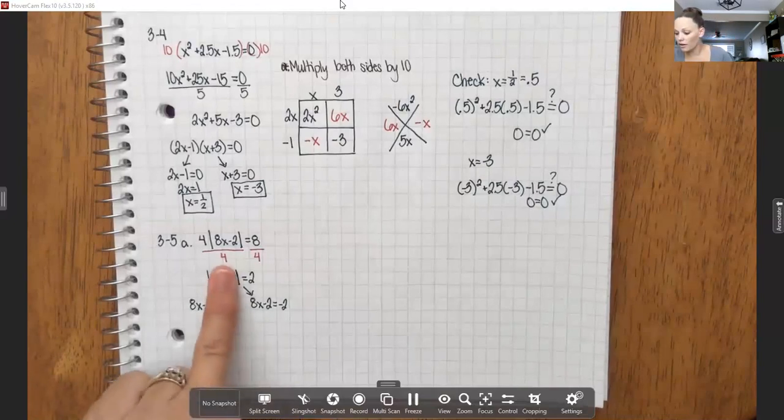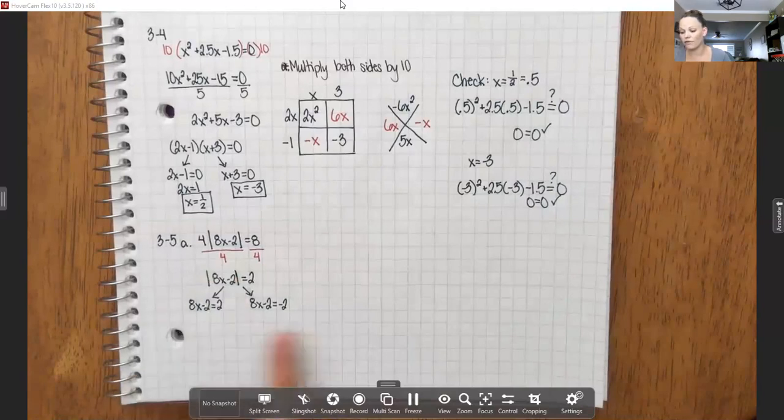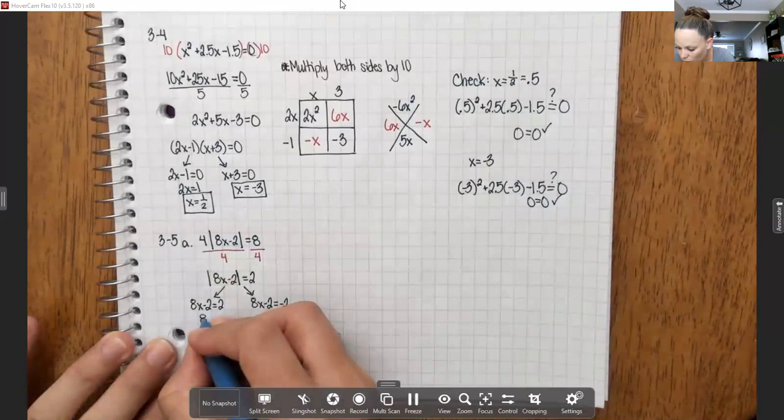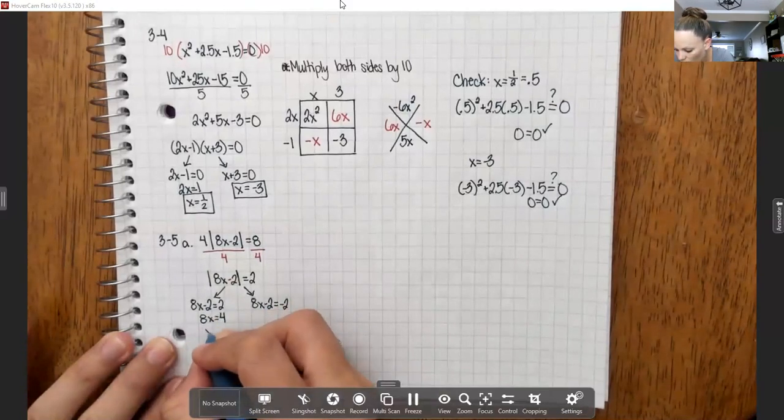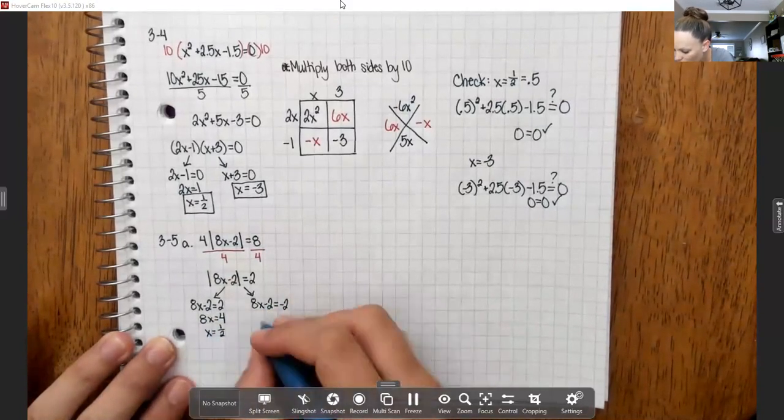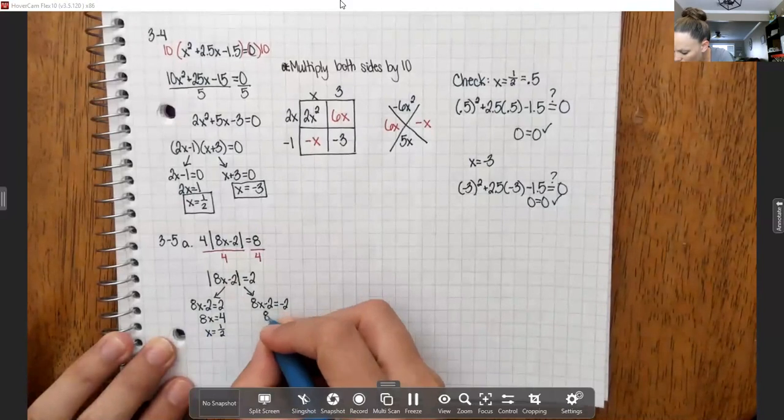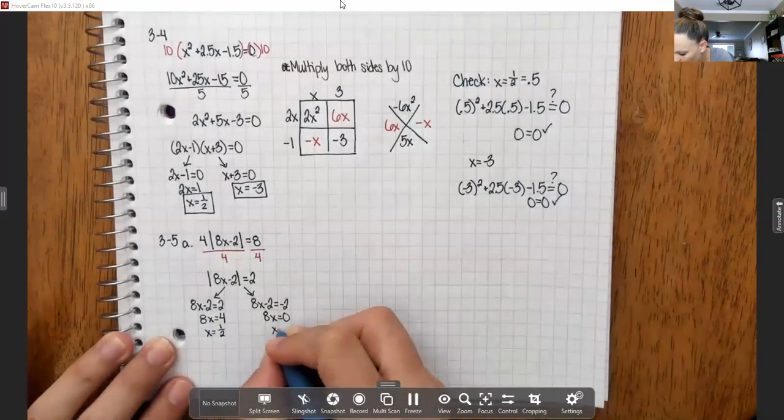So again, what's under my finger, we know absolute value could be equal to 2 or -2, and that's why it goes into those 2 equations. So 8x equals 4, or x equals 1/2. Here, 8x equals 0, so x equals 0.